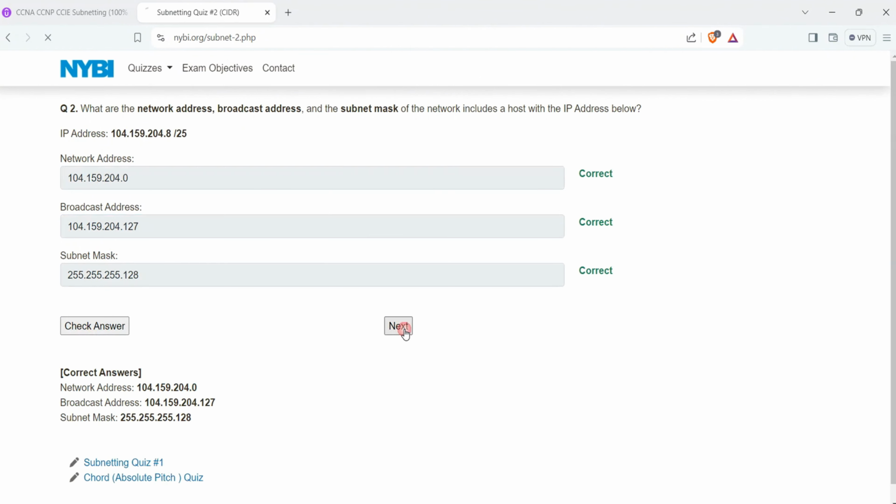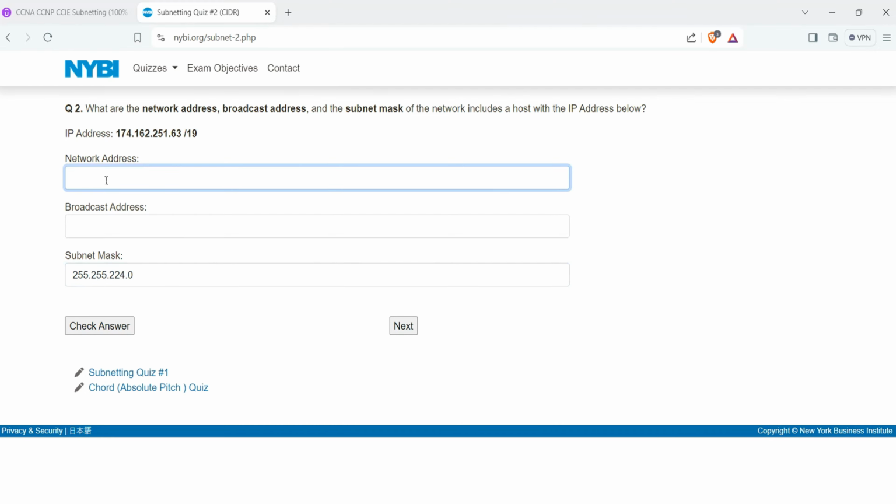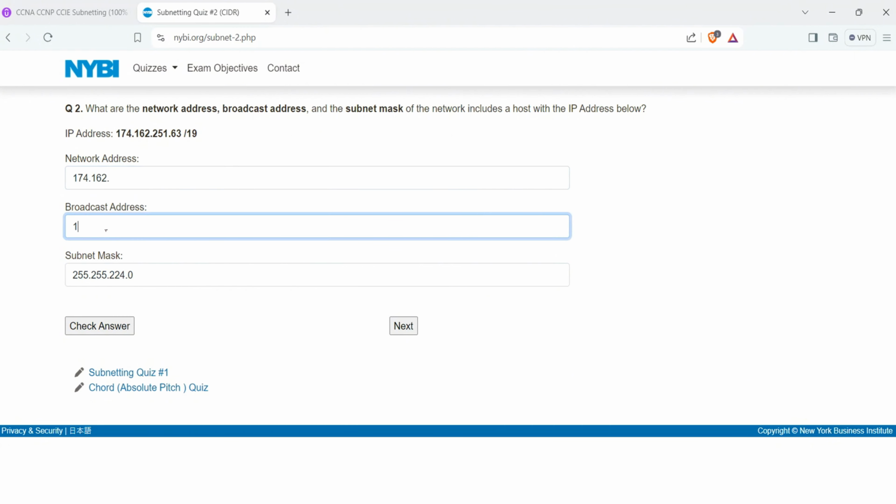All right. So let's go next and see more examples. Slash 19. 255 is 8 bits, 16 bits, 3 bits is 224.0, right? Dot zero. The first two octets are not changing. 174 dot 162 dot. Where does 251 fall under?